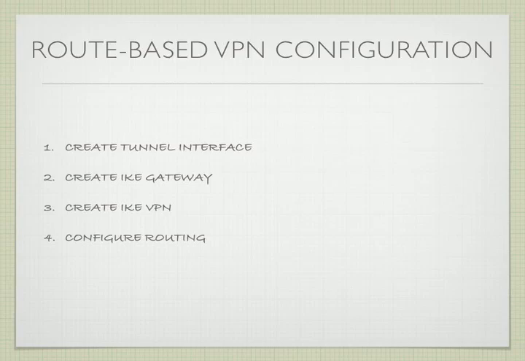We will need to configure routing so that the remote network can be directed to the correct interface. In this case, we're going to use static routing. Then we're going to create any policies that are needed to pass the traffic. They do not have to use the tunnel object. As a matter of fact, they can't use the tunnel object.